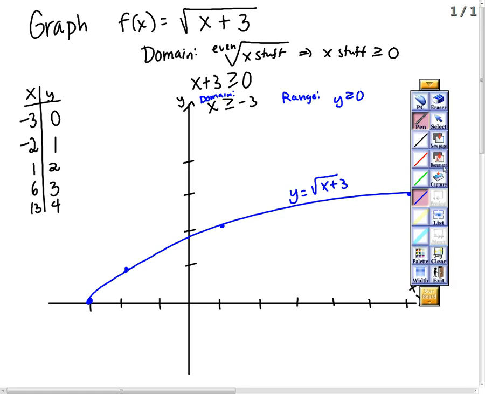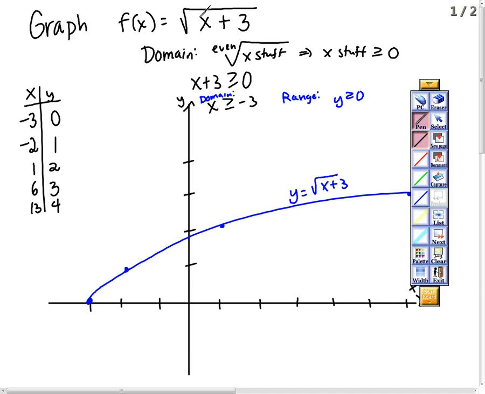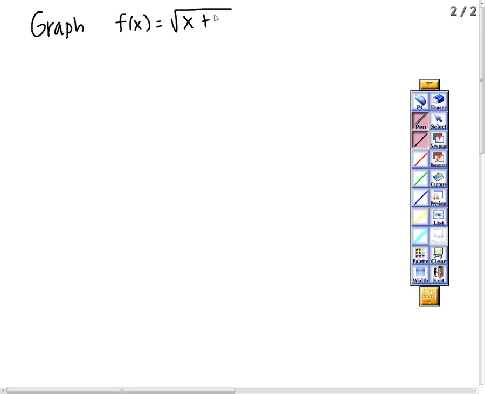So let me get a new page. What was it, plus 3? Okay, we are going to take our parent function, y equals square root of x. We are going to shift it. Since I've replaced x with x plus 3 inside my function, I know it's going to be shifted left or right.